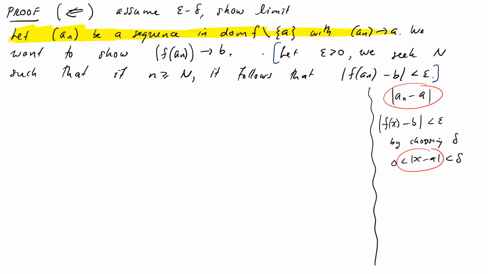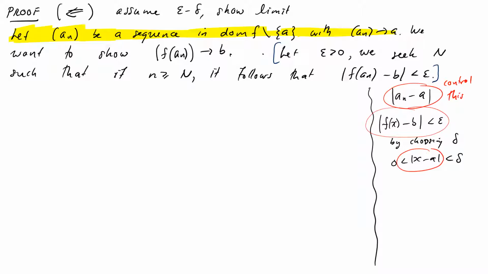I'm trying to make my a_n minus a small, and I can make that as small as I like because a_n is a convergent sequence which I have been given. So I can control this. I also know that if I make a_n closer to a than this delta, then I'll automatically be within epsilon.